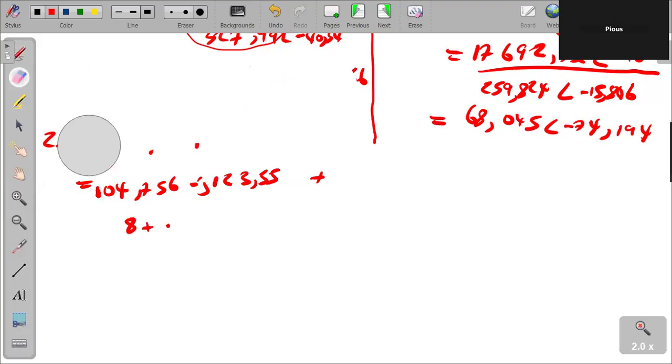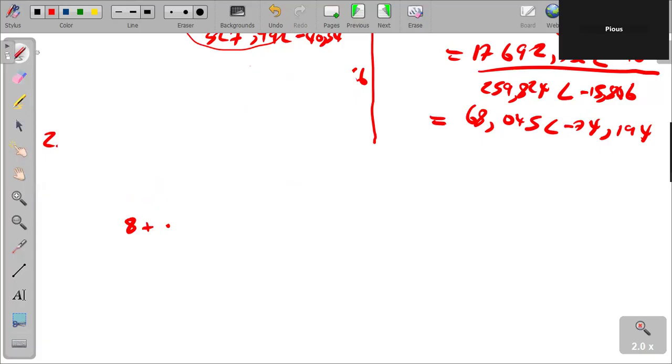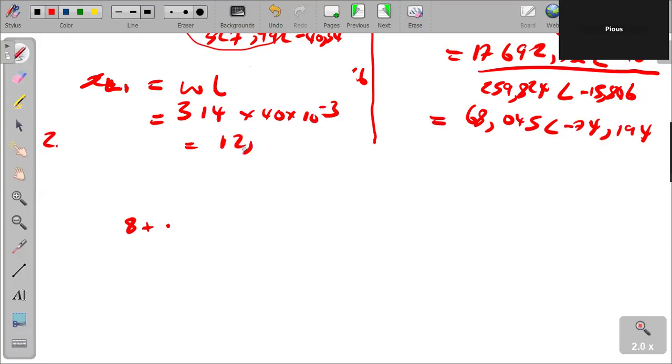XL1 is equal to omega L. Remember 2 pi F is our omega, our angular frequency. 314 multiplied by 40 times 10 to the power of negative 3 gives us 12.56. So ZC is therefore equal to 8 plus j12.56.